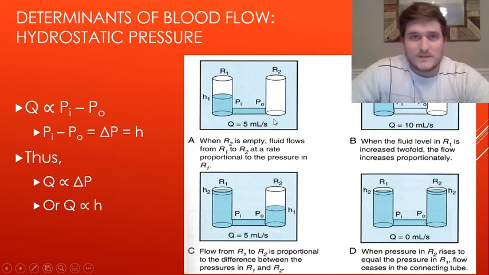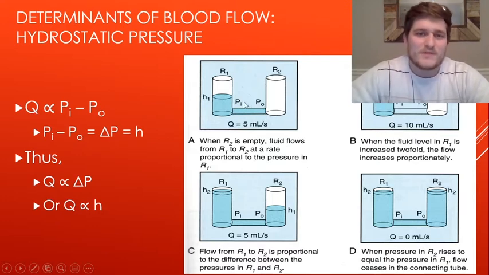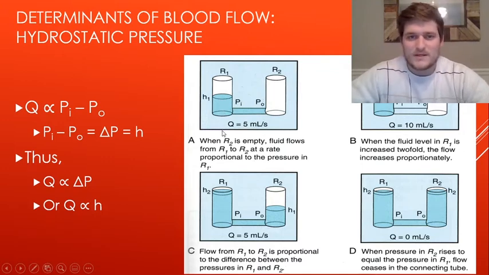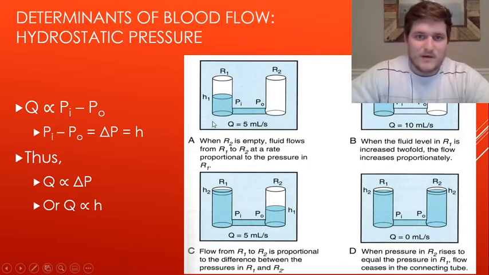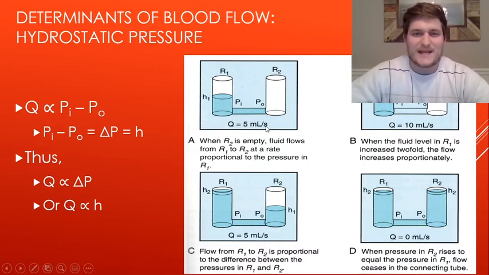And since R2 doesn't have any liquid in it, there's no resistance or no real pressure that is opposing this fluid that is traveling from R1. And so we are starting with a flow of 5 milliliters per second, let's say.